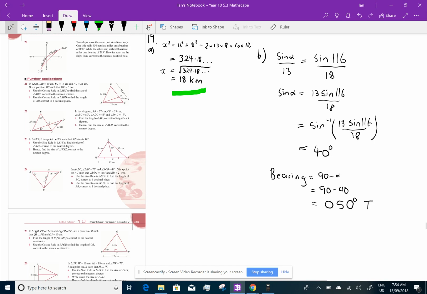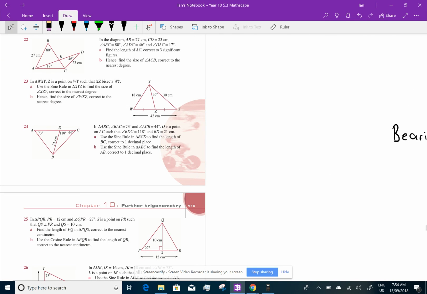So let's move along. The next question is question number 23. So here I'll have a look at 23. Now with 23, I've got X, Y, Z. And Z is a point such that it bisects.